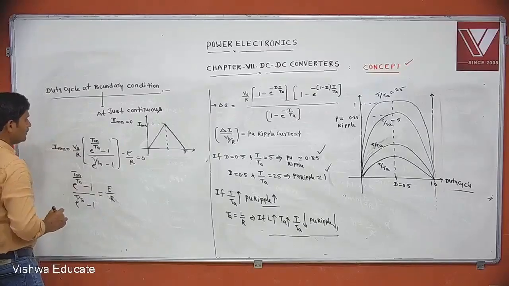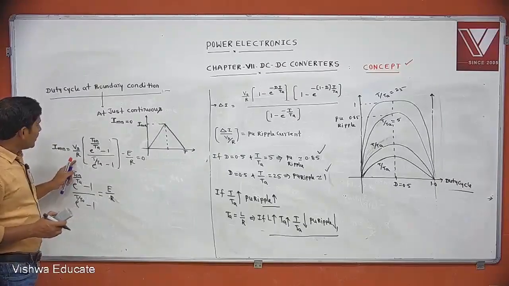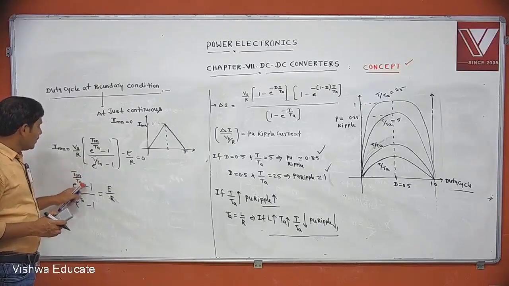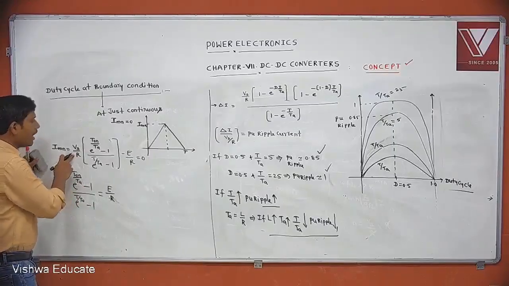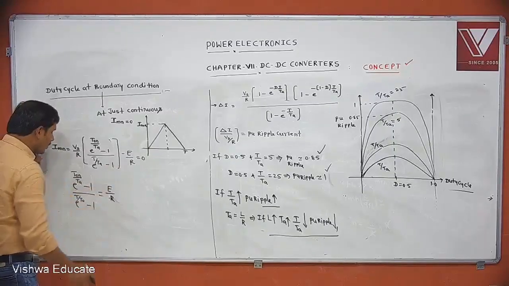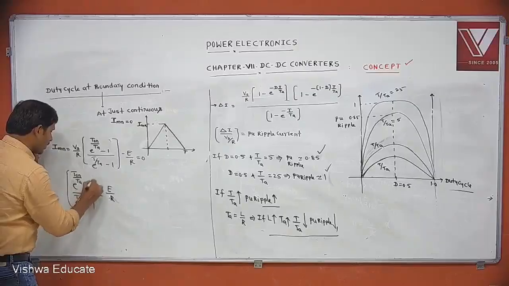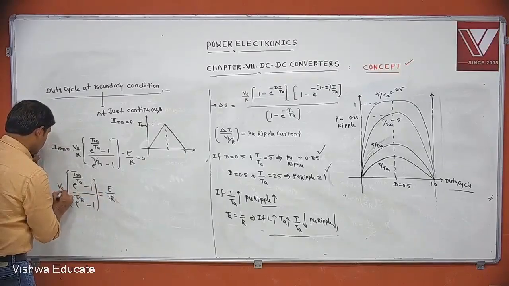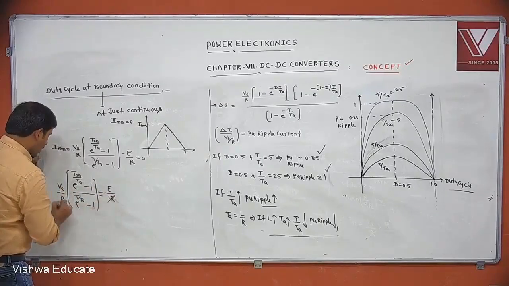This is the I minimum expression. This is Vs by R minus E by R, that is equal to Vs by R. The R cancels.